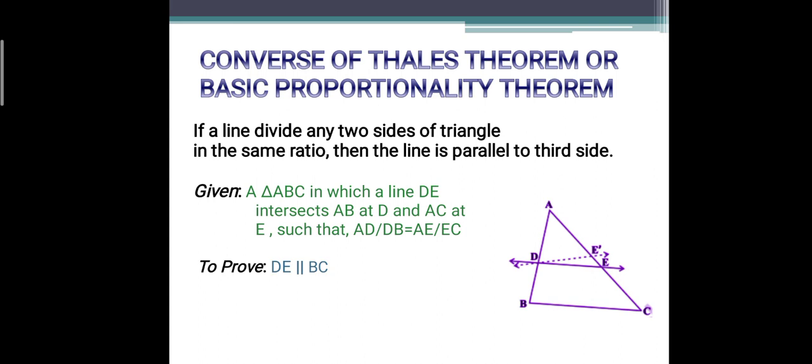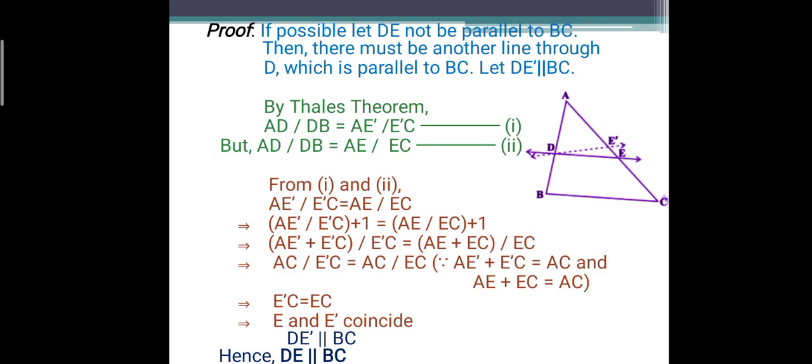For proving this, we use the contradiction method. We will let DE is not parallel to BC. Then we construct another line which passes through point D and is parallel to BC. This line is DE dash. By Thales' theorem, AD upon DB equals AE dash upon E dash C. But as given, AD upon DB equals AE upon EC.